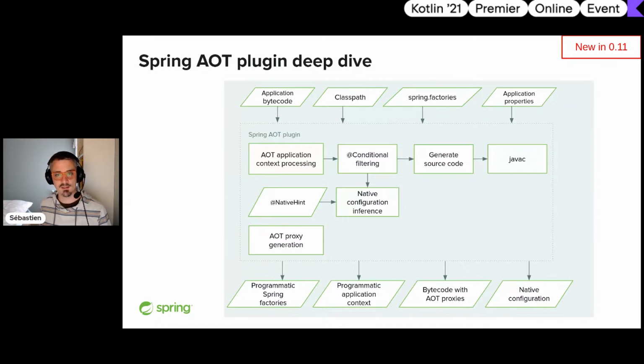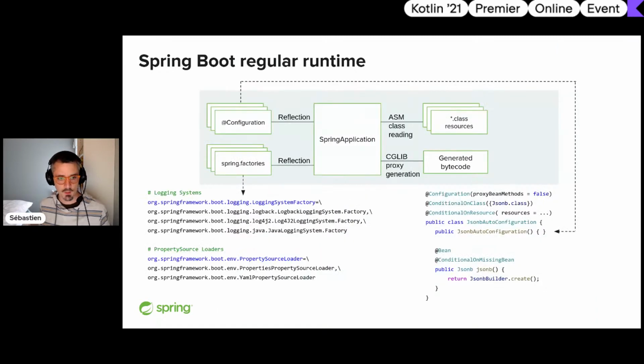We analyze at build time most of the Spring Boot conditions that basically create some part of the infrastructure if, for example, this class or this library is on the classpath. So we are freezing a lot of things with closed world assumptions, and that allows us to generate a programmatic application context, which is pretty optimized and allows us to run faster on the JVM and also to be more compatible with native with less configuration involved.